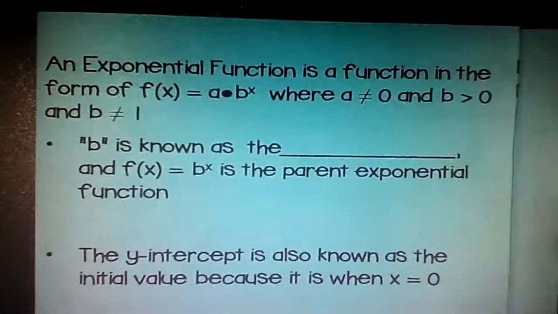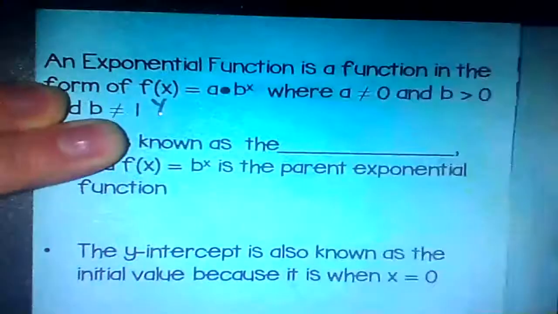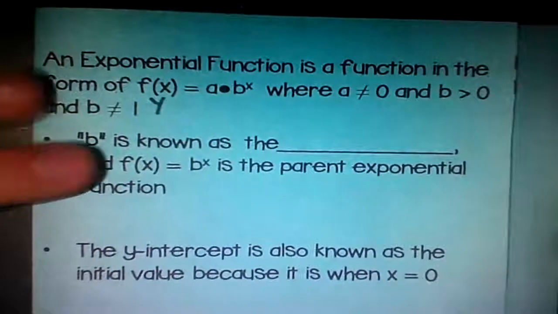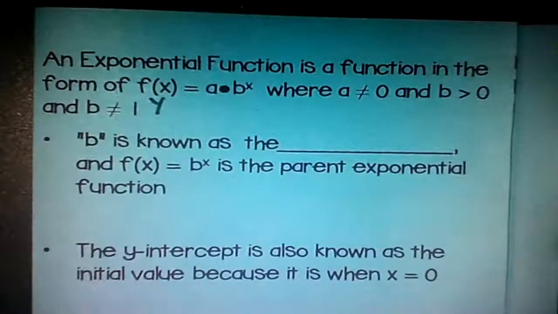An exponential function is a function in the form of f of x. Remember, f of x is just function notation. It means the same thing as y. So my equation now is f of x equals a times b raised to the x.